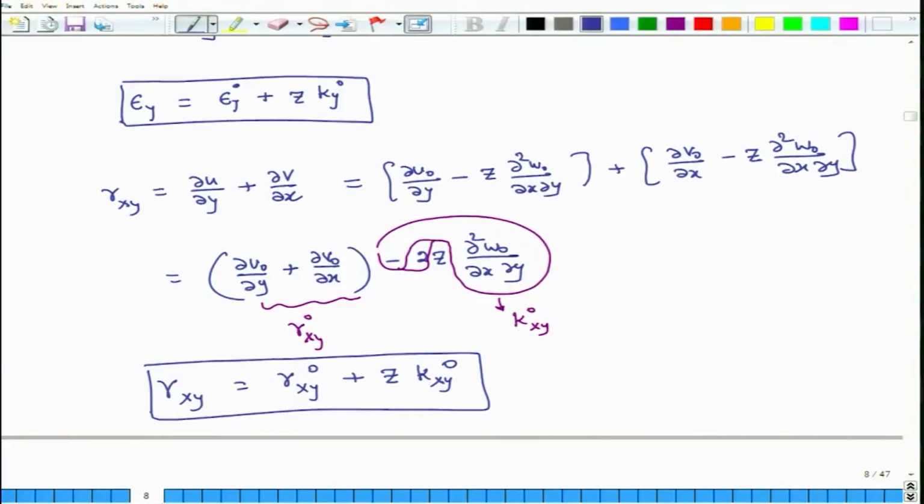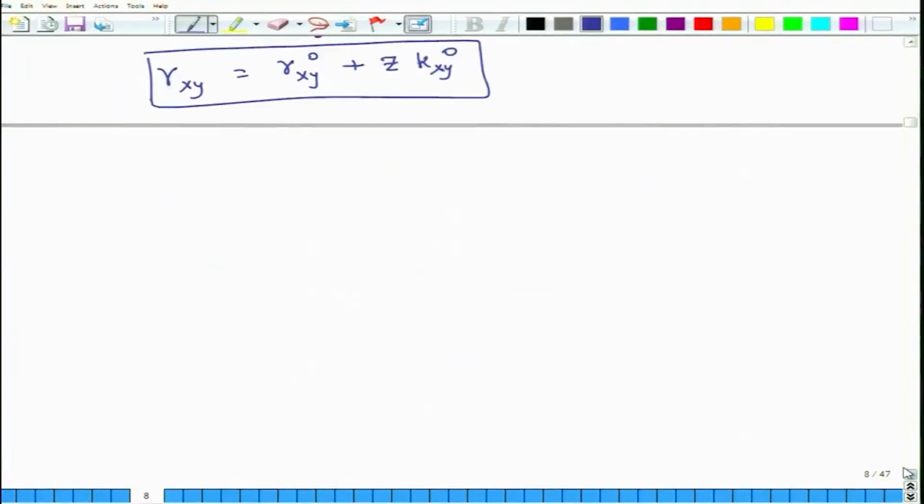Okay. So, these are the strain displacement relations, and for purpose of completeness we will rewrite them in a vector form.